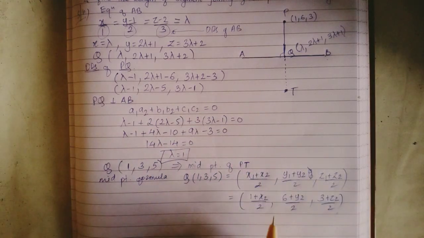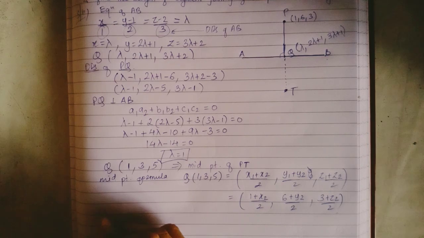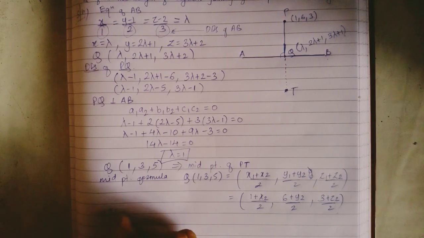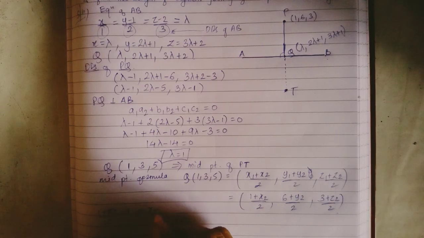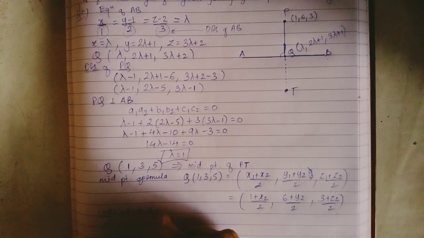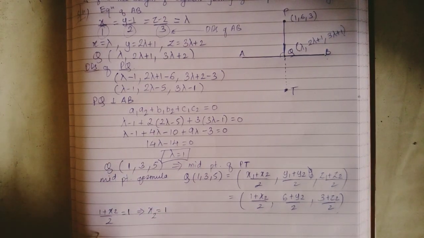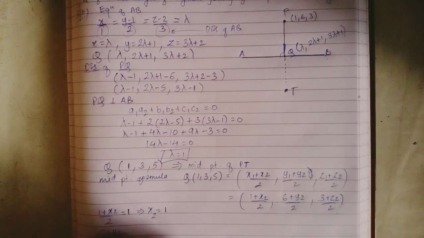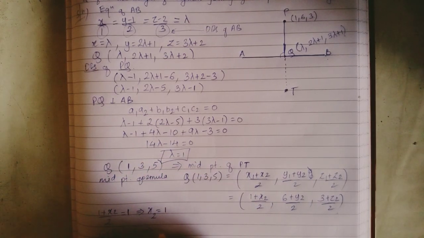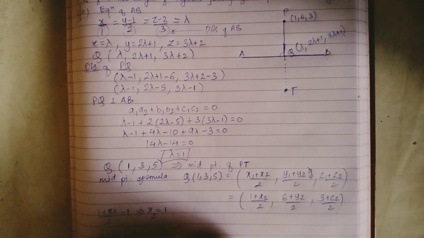Okay, comparing with the points of Q, (1 plus x2) upon 2 equal to 1, so we'll get x2 equal to 2 minus 1, so 1. Then (6 plus y2) upon 2 equal to 3, so we'll get y2 equal to 6 minus 6, 0.